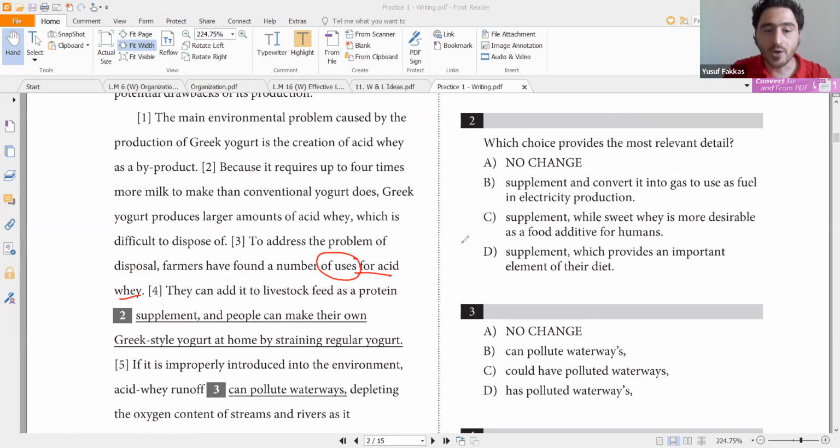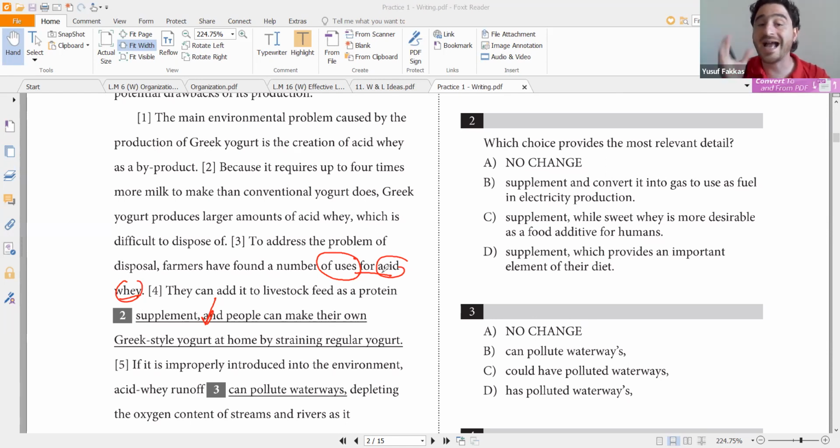Yes. So if we look at the original sentence here, they're telling us that people can make their own Greek yogurt at home. How? By straining regular yogurt. Okay. Is this another use for acid waste? No. They're just telling us that people can make their own Greek yogurt at home. Okay, where is the use?